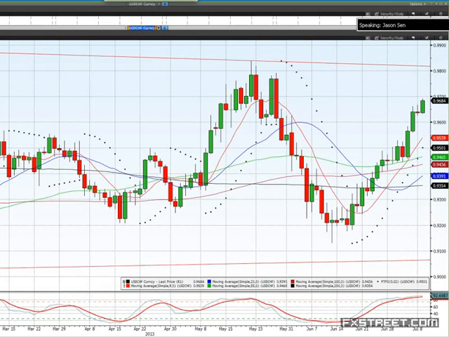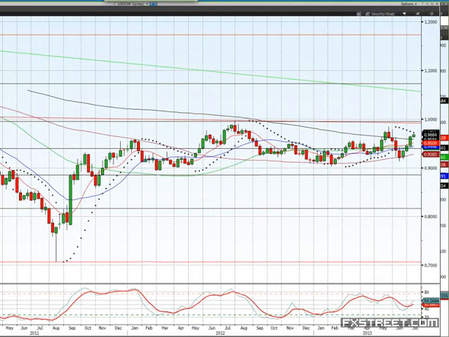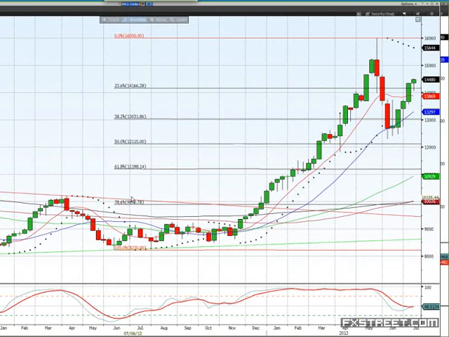Anything else worth looking at? Actually, I'm going to show you the Nikkei. I don't know if anyone trades the Nikkei, but it's quite an interesting chart, so I just thought I'd have a look. Looks a bit like the yen chart.